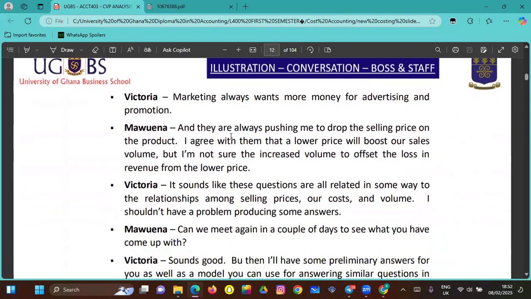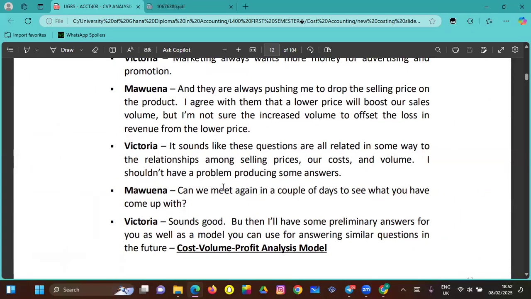Marina is saying, and they are always pushing me to drop the selling price on the products. I agree with them that a lower price will boost our sales volume, but I'm not sure that increased volume will offset the loss in revenue from the lower price.